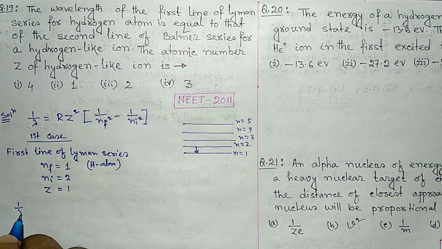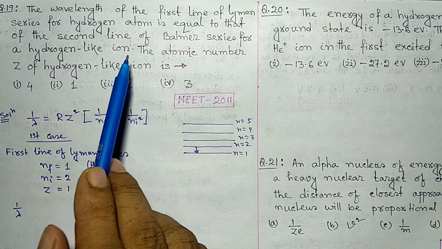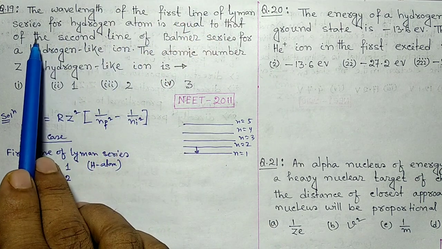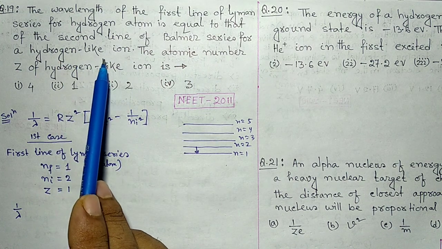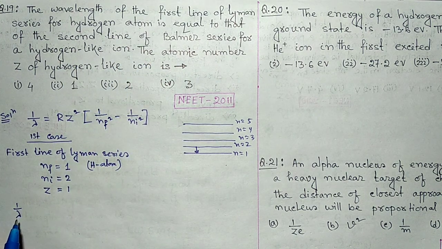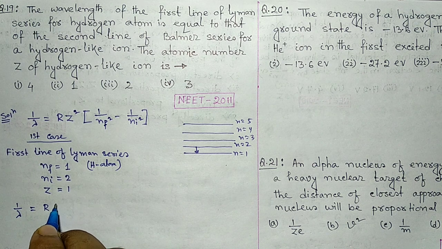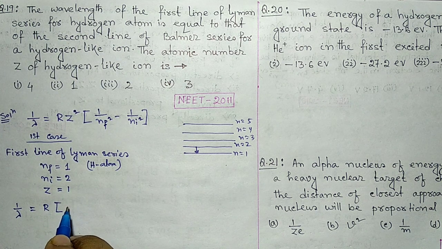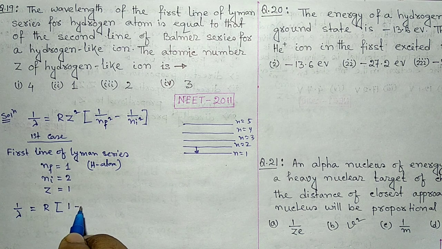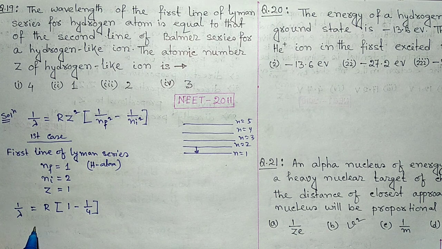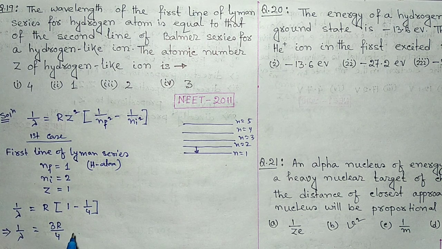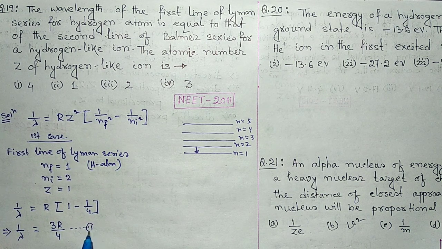Wavelength of the first line of the Lyman series of the hydrogen atom is equal to the second line of the Balmer series of the hydrogen-like ion, same lambda. So 1 by lambda is equals to R (1 by NF square, that means 1, minus 1 by Ni square, that means 1 by 4). So this is equals to 3R by 4. 1 by lambda is equals to 3R by 4. We give it equation number 1.